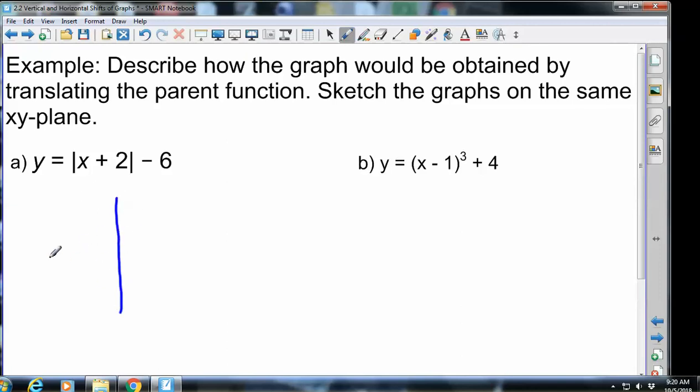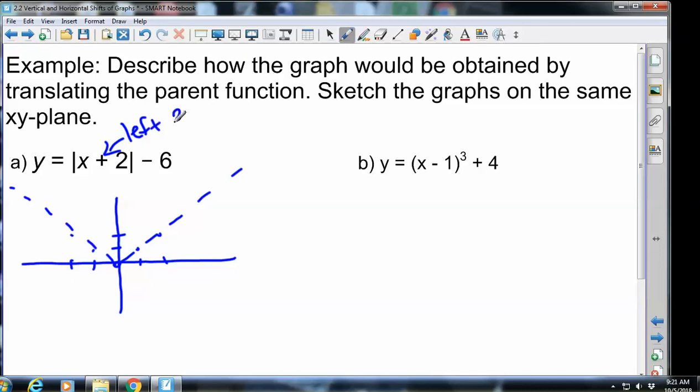I'm going to start with my absolute value function, and we know it's going to look like this. I asked you to describe the transformation. So what does this plus 2 do? What's the minus 6 do? Down 6.